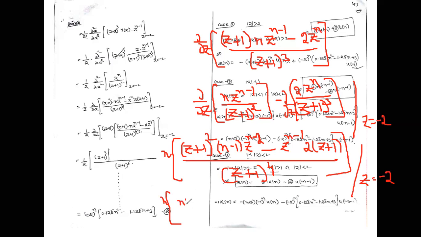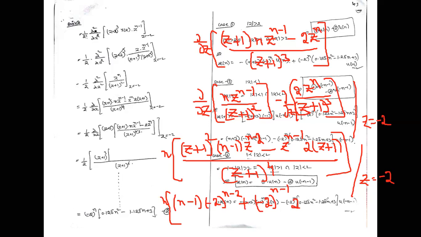So n(n-1)(-2)^(n-2), minus, again (-2)^(n-1) times 2(-2+1), which is -1.